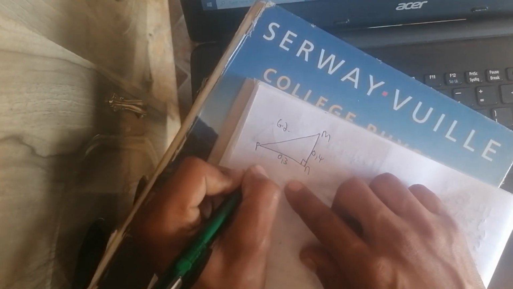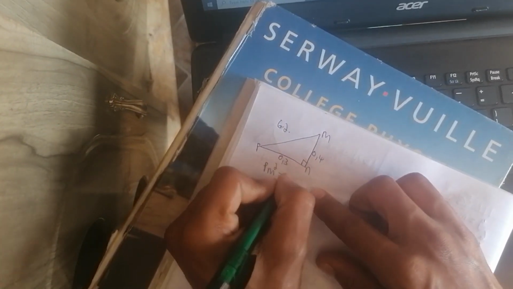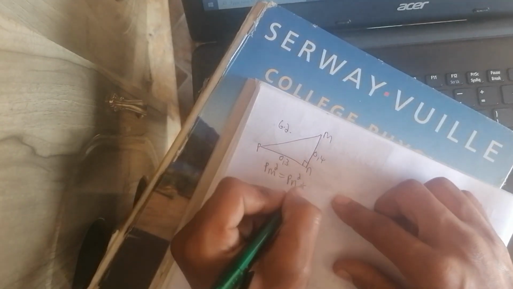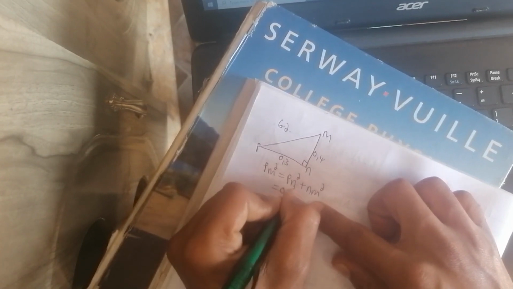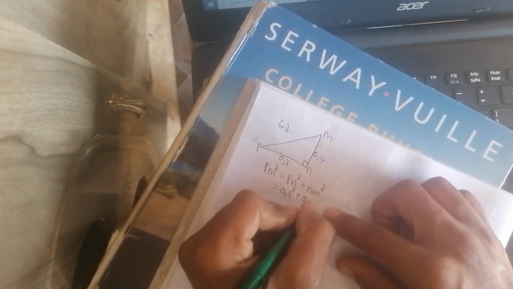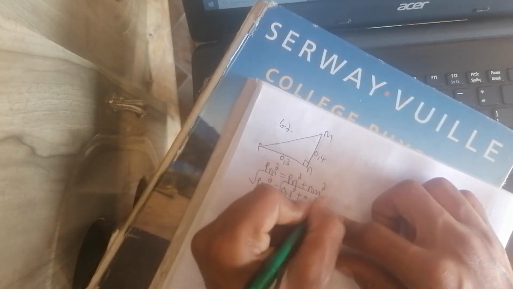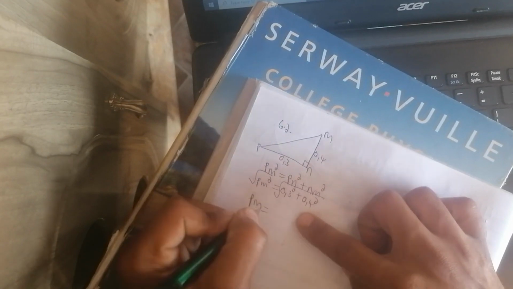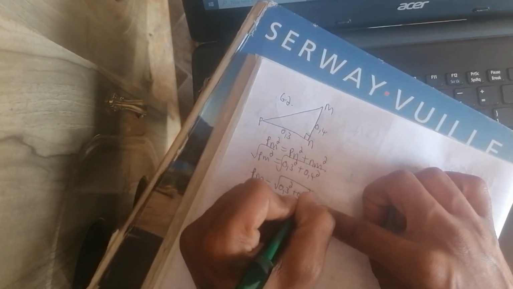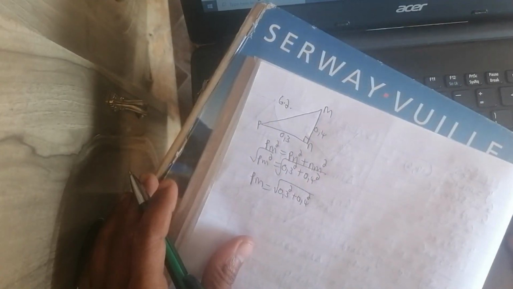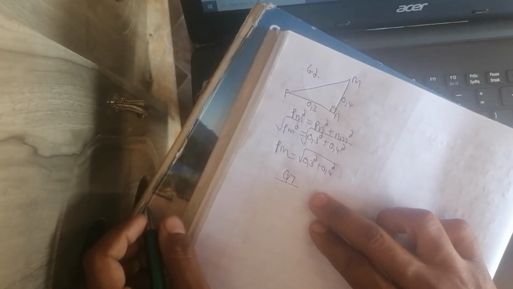So Pythagoras says that PM squared is equals to the sum of the opposite sides, PN squared plus NM squared. 0.3 squared plus 0.4 squared. Now remember, this is PM squared, and then you would square both sides. PM equals the square root of 0.3 squared plus 0.4 squared, because it is the length of the hypotenuse. So you will just complete that.